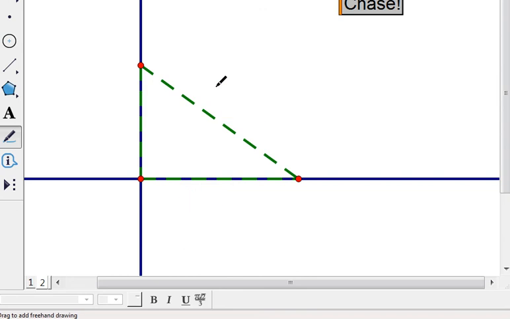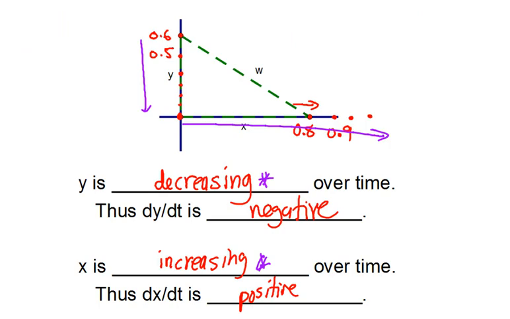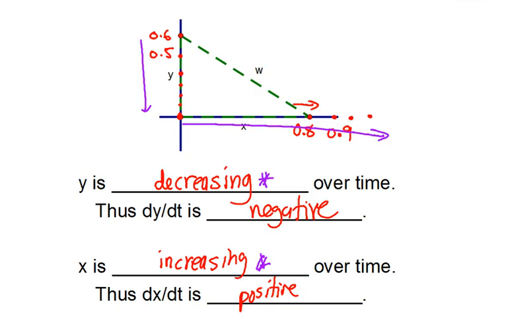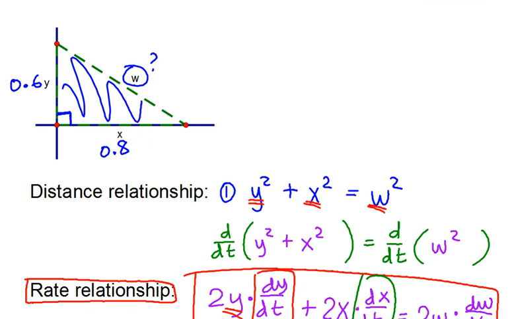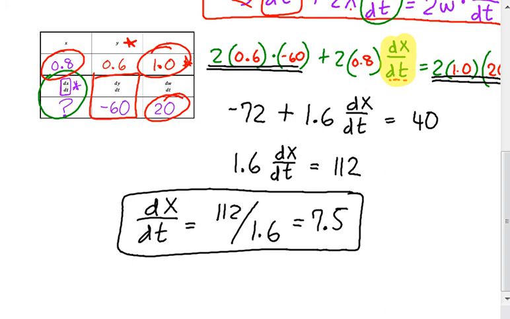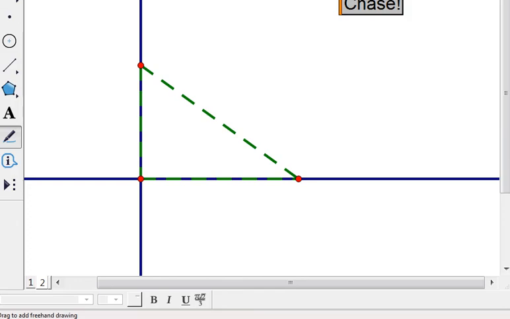Okay, then we were told, and let me just look back at the information really quickly, that this distance was changing at a rate of 20 miles an hour. This cruiser is moving at 60 miles per hour. And our work shows that this car is moving at a rate of 7.5 miles per hour, which seems a little unlikely. Did I make a mistake? Let me go back and see in a second.